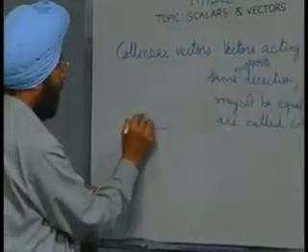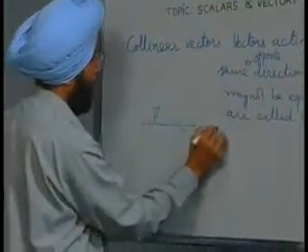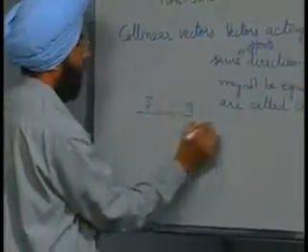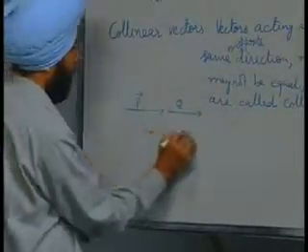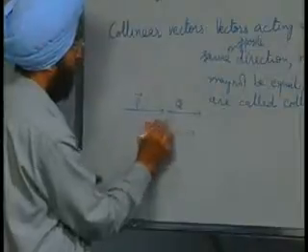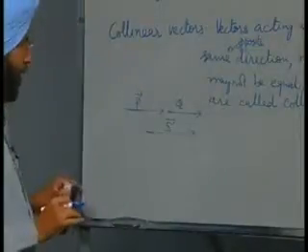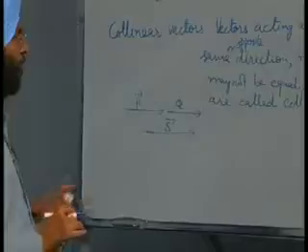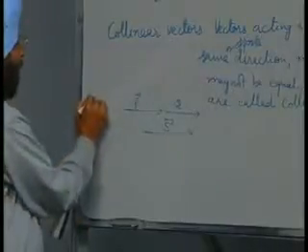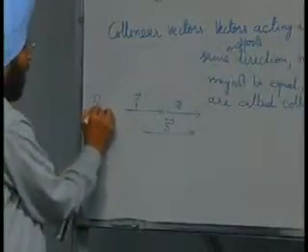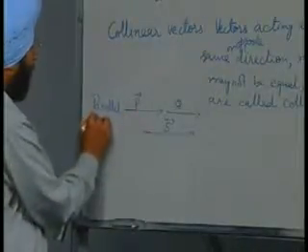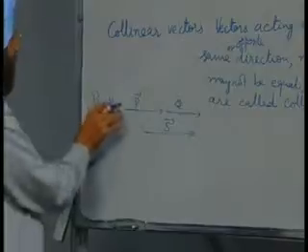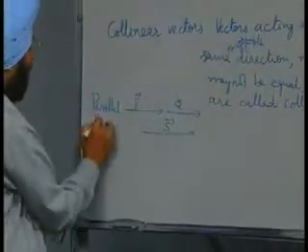Here we have vector P, vector Q, vector S. These are collinear vectors. This kind of vectors that are pointing in the same direction are parallel collinear vectors.